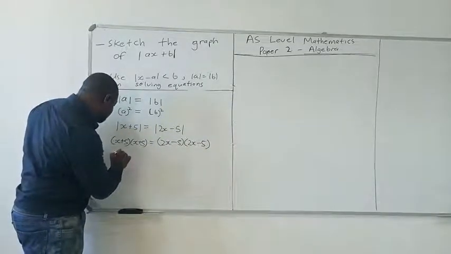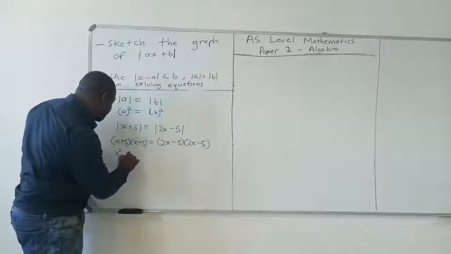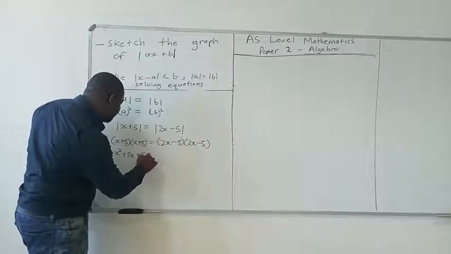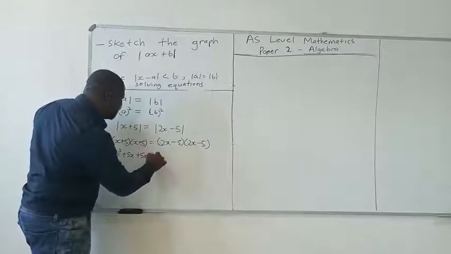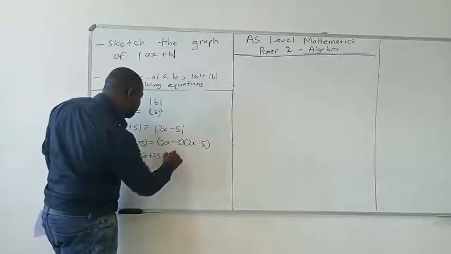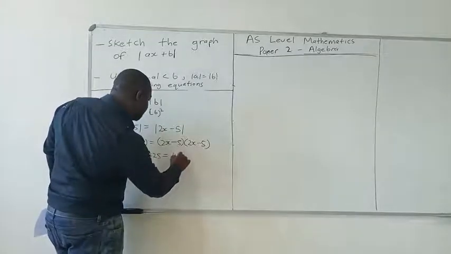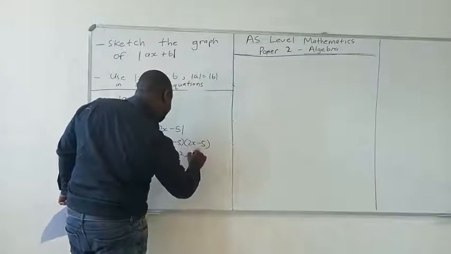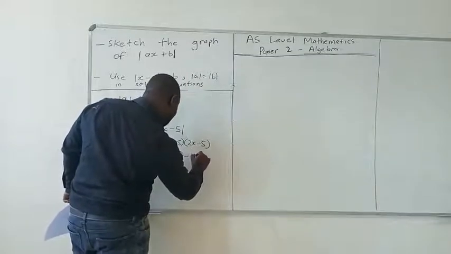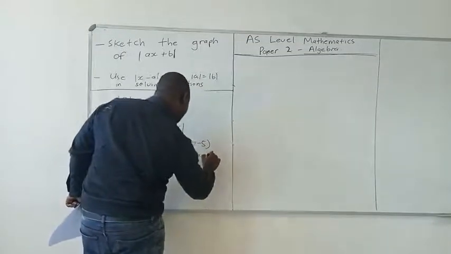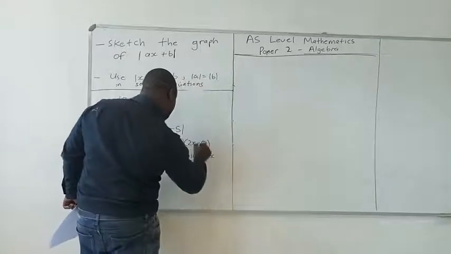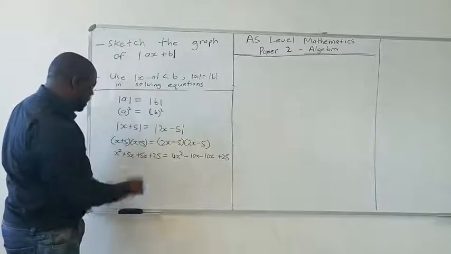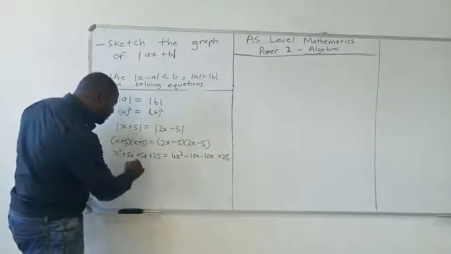This becomes x squared plus 5x plus 5x plus 25 is equal to 4x squared minus 10x minus 10x plus 25. We simplify first.